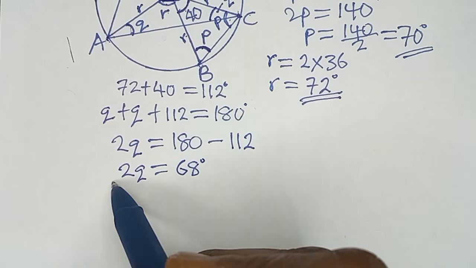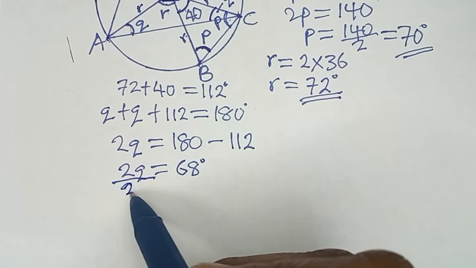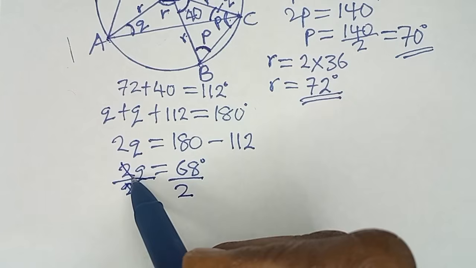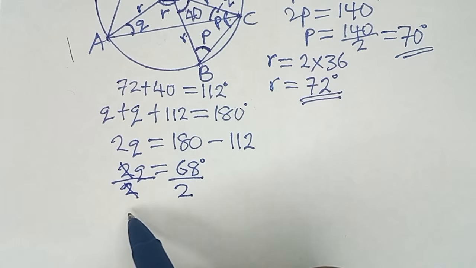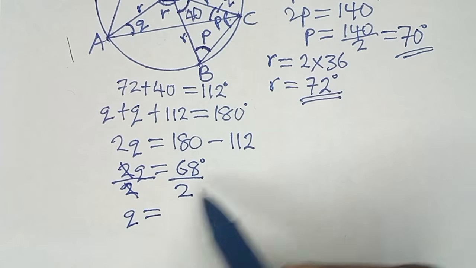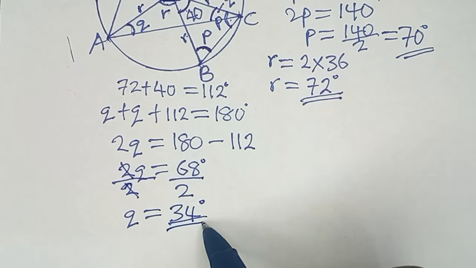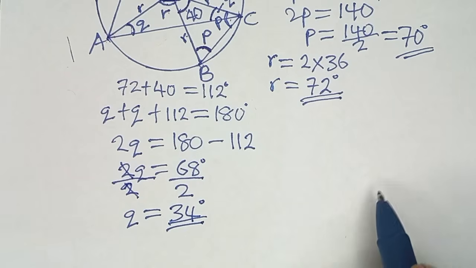And then to get the value of Q, I divide this by 2 and also divide this by 2. So 2 will cancel 2. So I now have angle Q left as equal to 68 divided by 2, which gives us 34 degrees as the final value for angle Q.